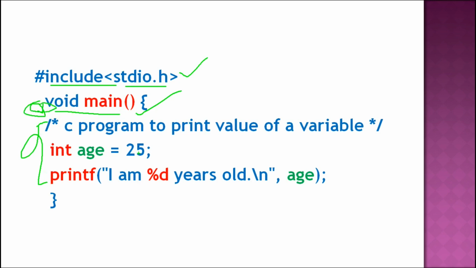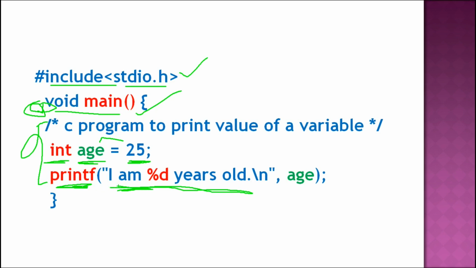Here int is the type, and age is the variable, and we assign the value 25 to age. Printf is the function which is used to print what we have given within it.